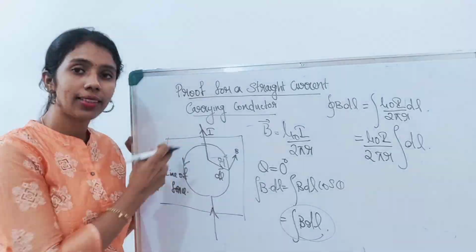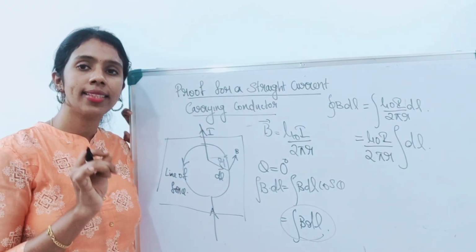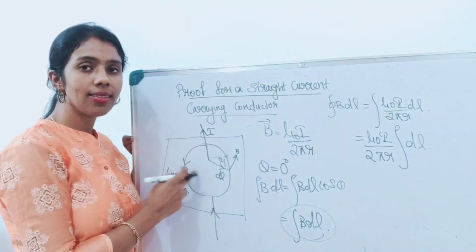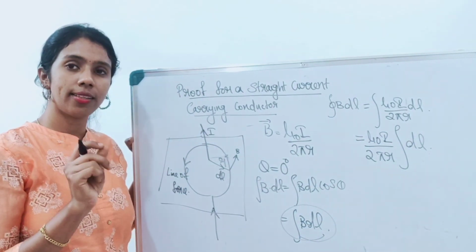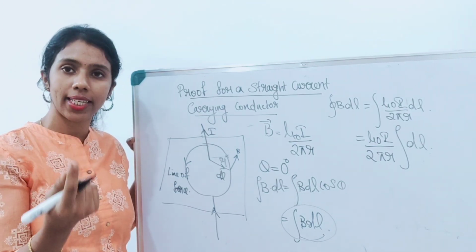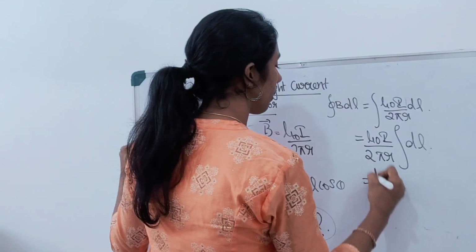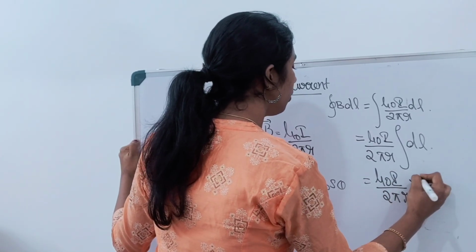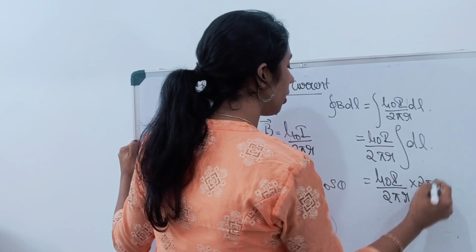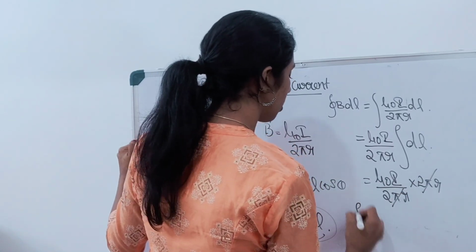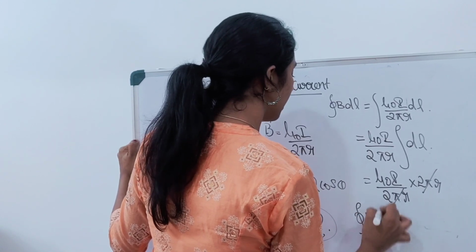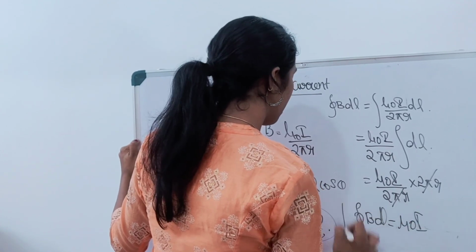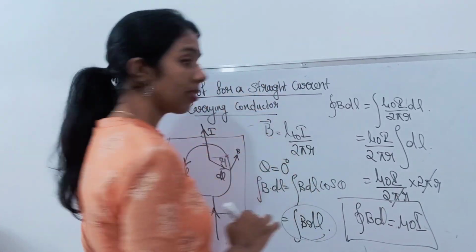Since the magnetic field is along the circle, integral dl is the circumference of the circle, which is 2 pi r, where r is the radius. So the equation becomes mu0 I divided by 2 pi r into 2 pi r, where 2 pi r cancels. The final equation is integral B dot dl is mu0 I. This is the proof for Ampere's circuital law.